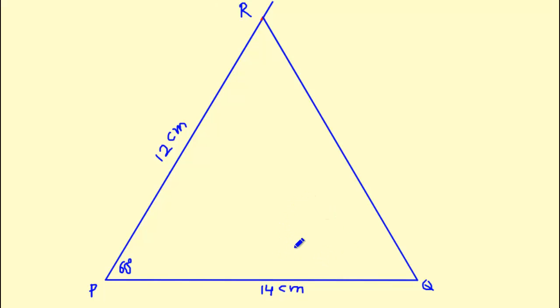And we know from the basics of loci that a locus which is equidistant from two intersecting lines is an angle bisector.